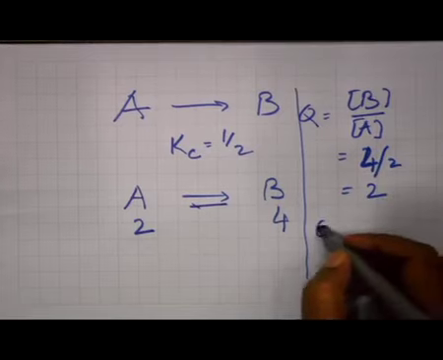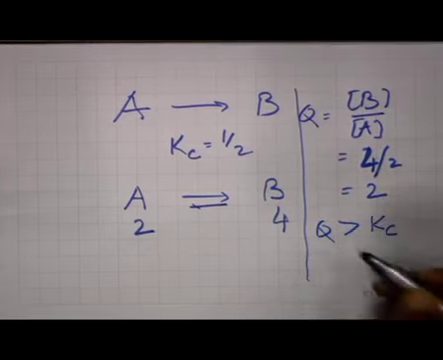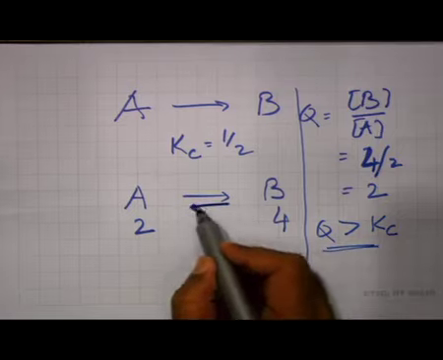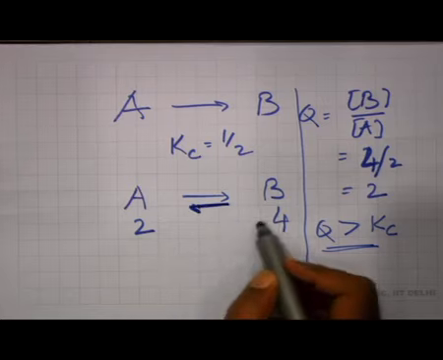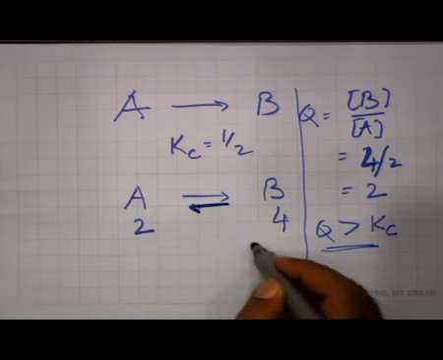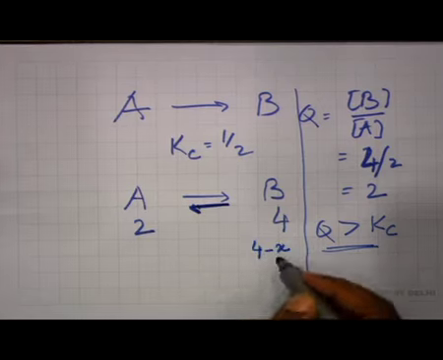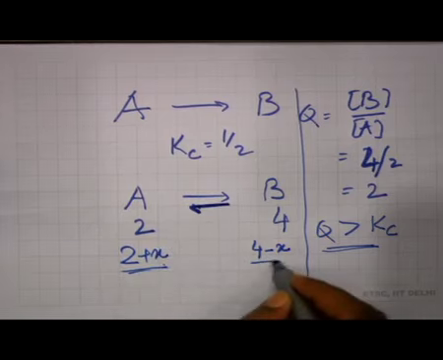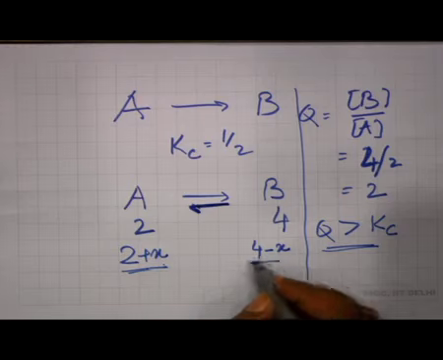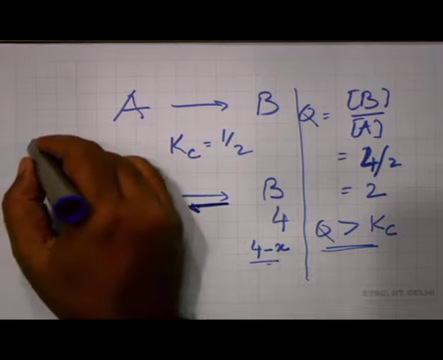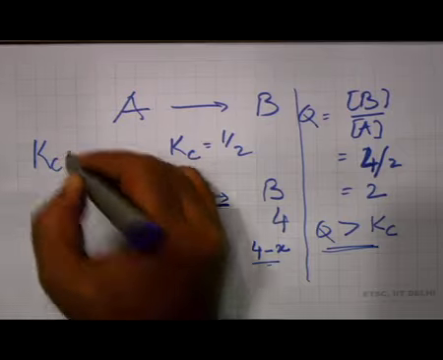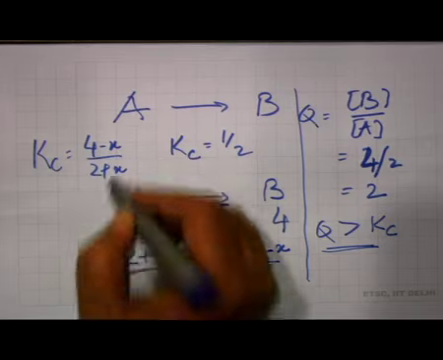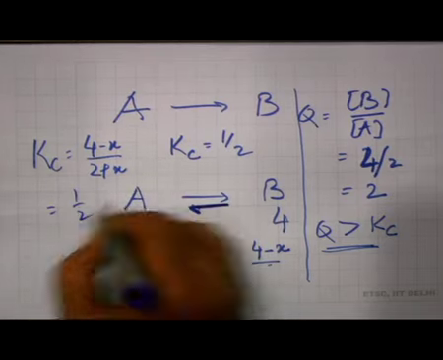Now, you see Q is greater than Kc, and so the reverse reaction will proceed. So, more B will be converted to A, and what you will get is 4 minus x and 2 plus x, and you can calculate the amount x converting by using Kc. Kc is equal to 4 minus x by 2 plus x, and that should be equal to half.